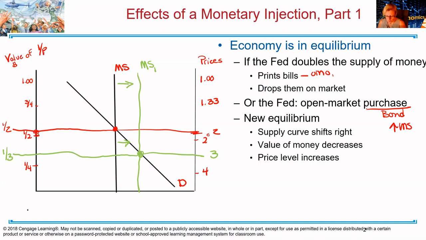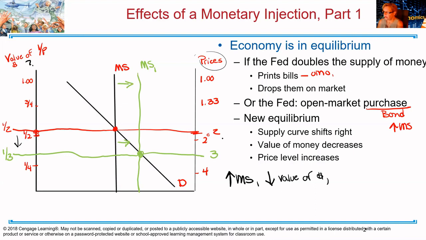So basically, as the Fed increases the money supply, what happened over here to the value of money? Well, the value of money went down, didn't it? So we can say that we have a decrease in the value of $1. What happened to the price level over here?